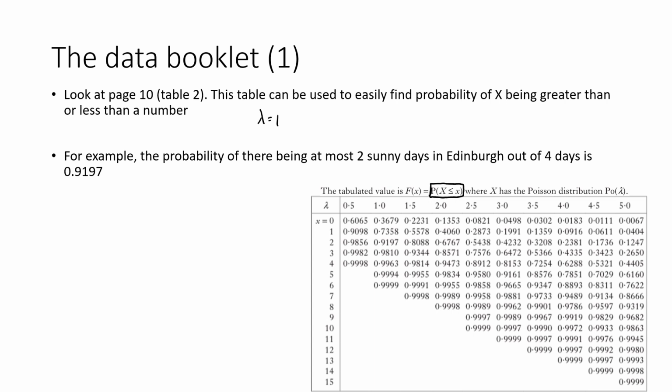If we want to find the probability of there being at most 2 sunny days out of the 4 days, we go along the table. So lambda is 1. Then we go down to our x value that we want. And then this intersection here will give us our probability. So that means the probability of x being less than or equal to 2, or the number of sunny days being 2 or less, is 0.9197.